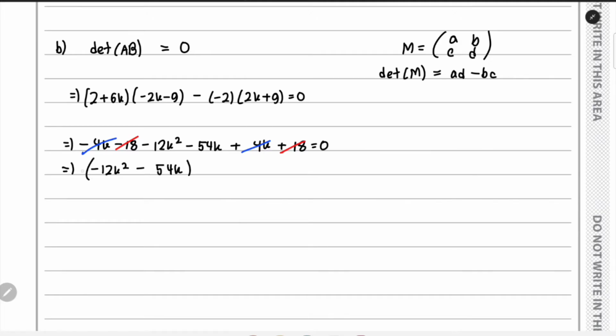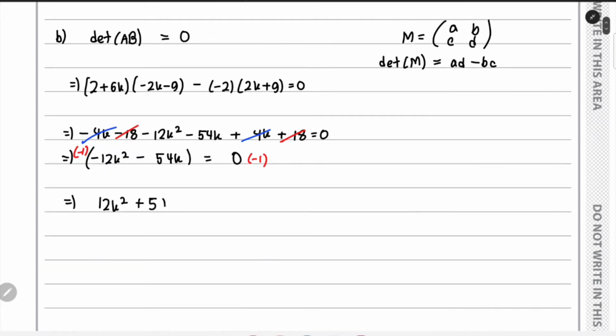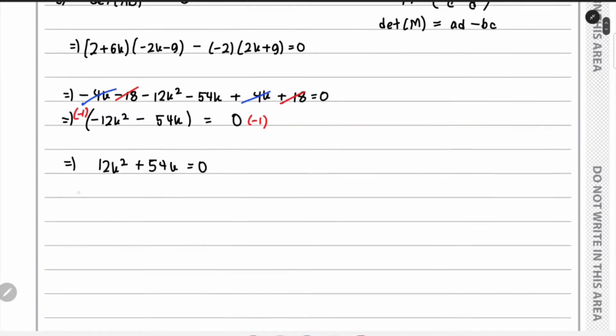I can multiply minus 1 with this, and I multiply minus 1 with 0, so I'll get 0 back. Multiplying minus 1 on both sides, this will be 12k squared plus 54k equals 0.